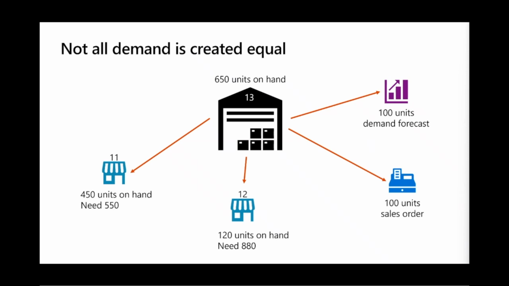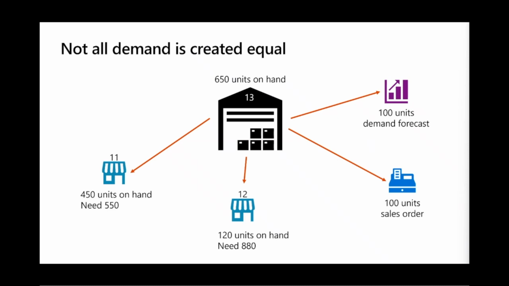Priority-based planning is here to help us determine what is the order in which we should allocate our inventory across different sources of demand, especially when we don't have enough inventory on hand. The business value that we can find here is increased service levels, lower buffer inventory levels needed, and optimizing supply chain by using this functionality to drive inventory where it is needed the most.